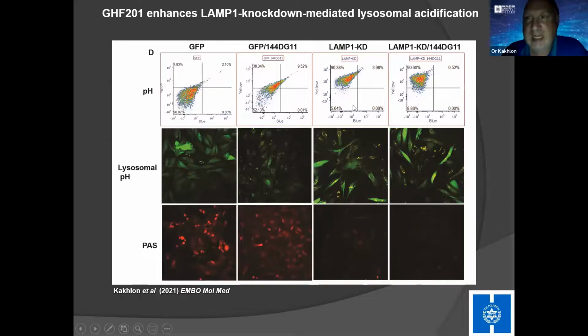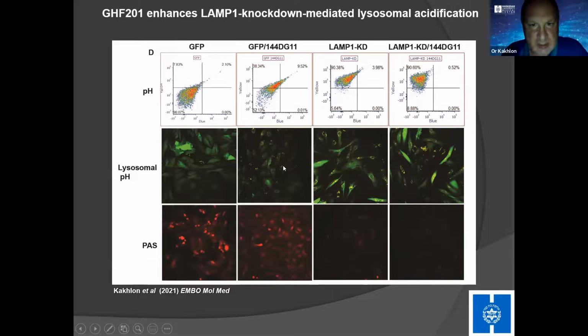So we looked directly at the lysosomal pH, and we saw the same effect as we saw on autophagy. When you treat cells with GHF201, there is a decrease in the pH, an increase in the acidification. The higher the ratio of yellow to blue, what we call ratiometric staining, the more acidic the organelle.